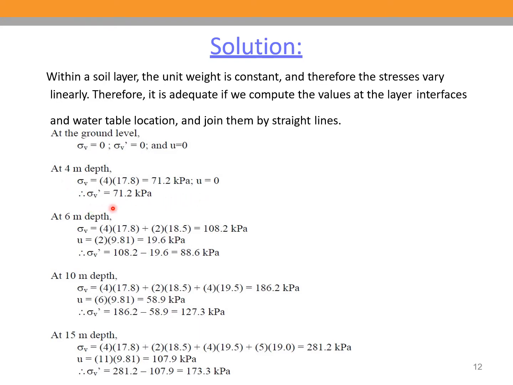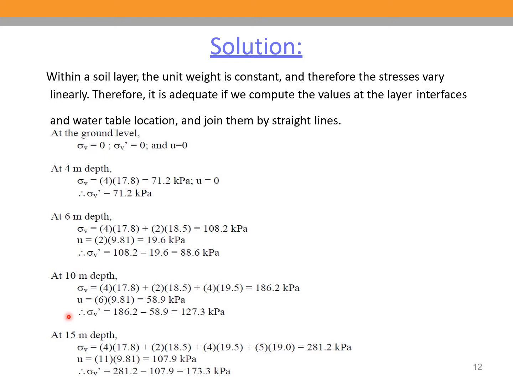So effective stress is total stress minus pore water pressure, is equal to this. Here at 6 meter depth, first the total stress, then the pore water pressure, and then the effective stress. Then at 10 meter depth again, first the total stress sigma V, then the pore water pressure, and then the effective stress.